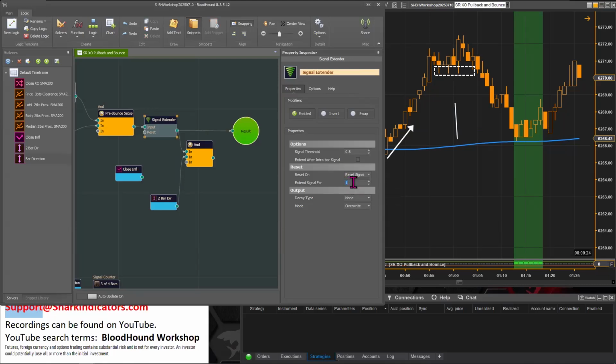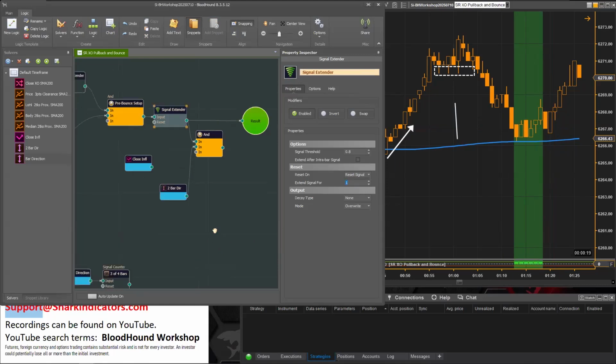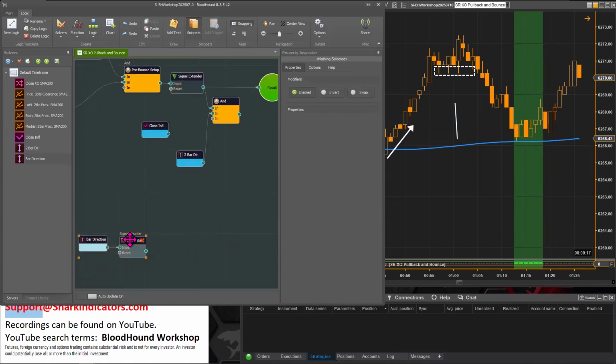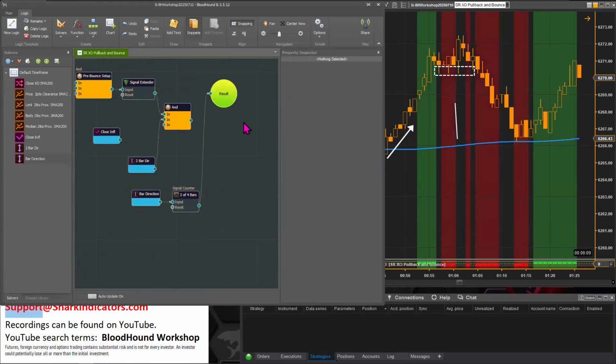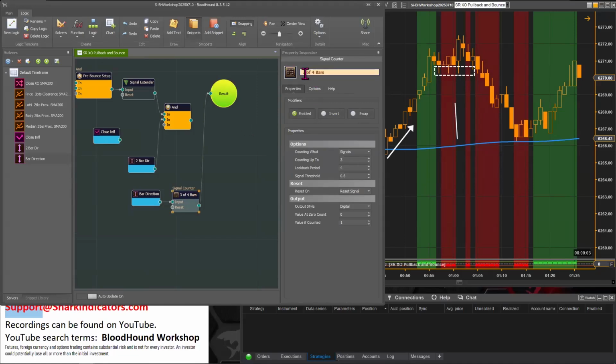So let's say we need, let's go with 3 out of 4 bars. Wait, no. Actually, I'm going to change this here.